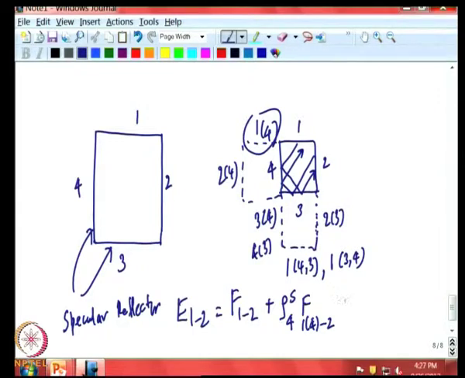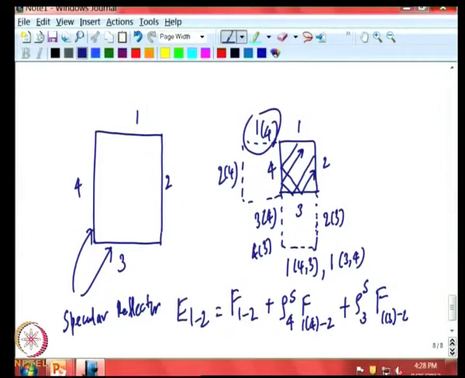Similarly, reflected emission from of 1 in 3 will give you this term. So, these two are the terms which are for one reflection.